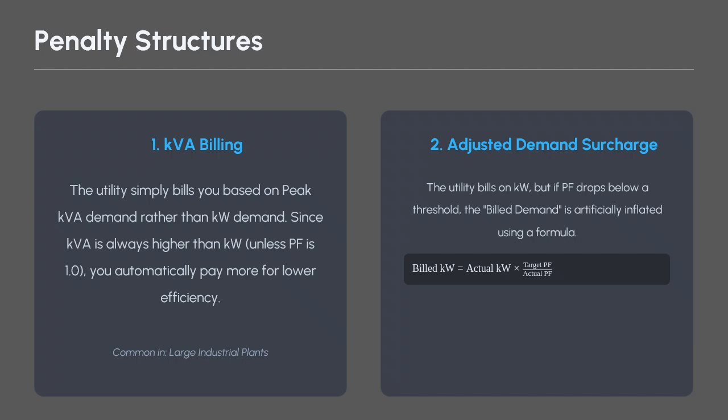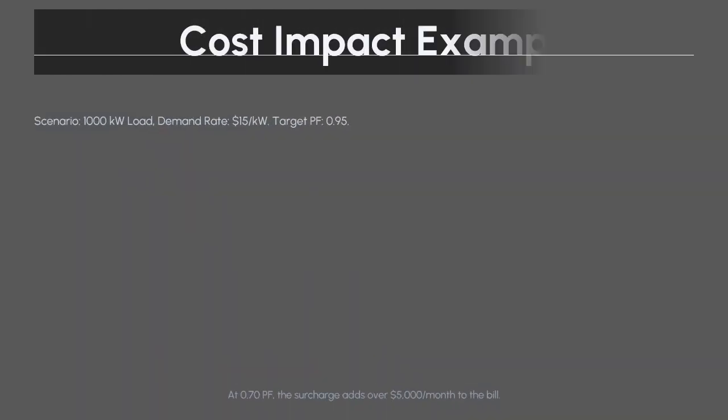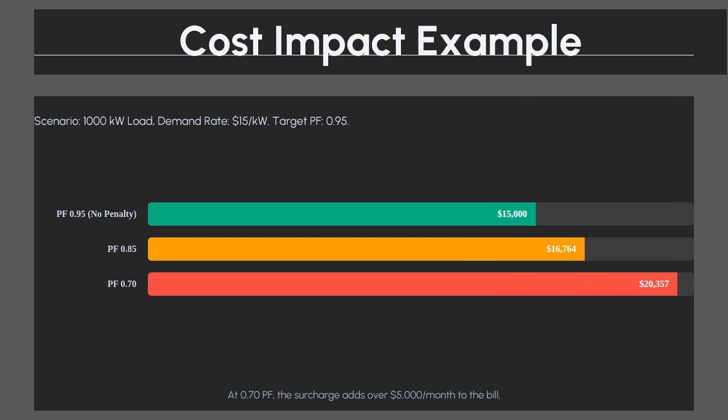Cost impact example. Let's look at a concrete example using the adjusted demand surcharge. If we take a 1000 kilowatts load with a demand rate of $15 per kW, and a utility target of 0.95 PF, at the target of 0.95 PF, the bill is $15,000.